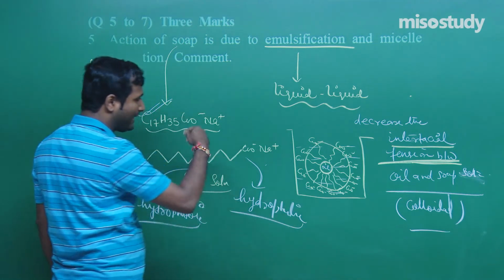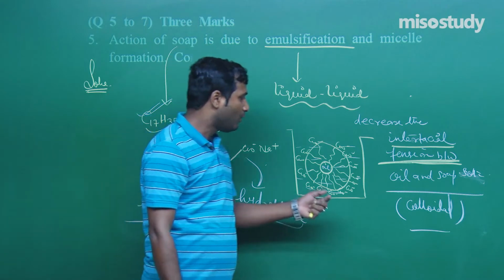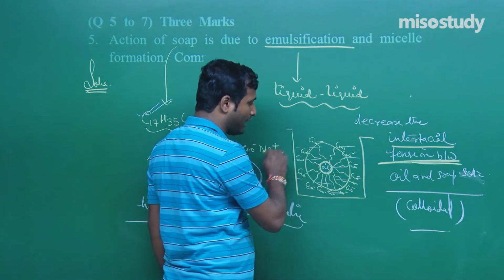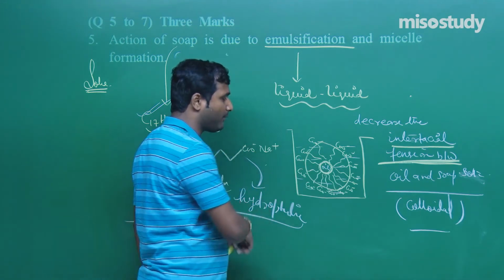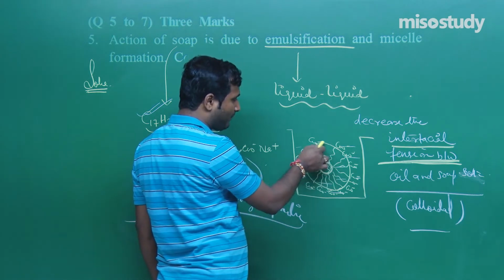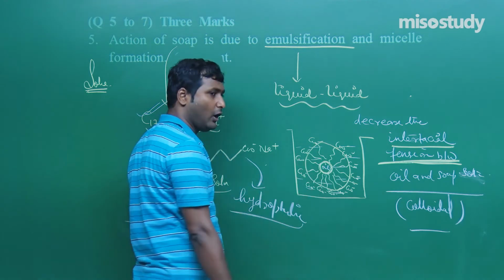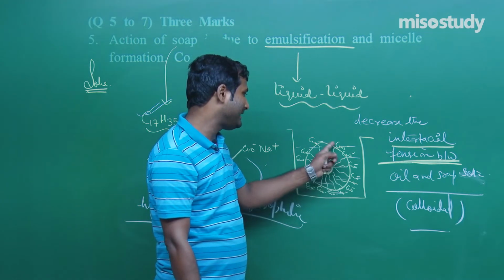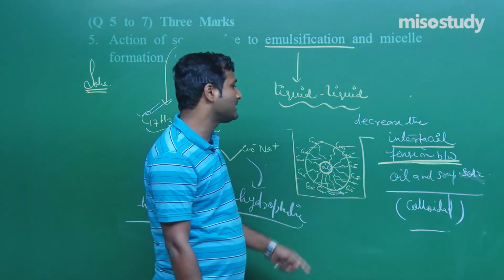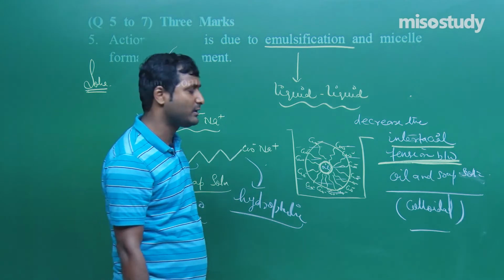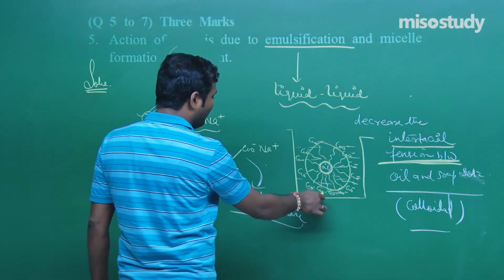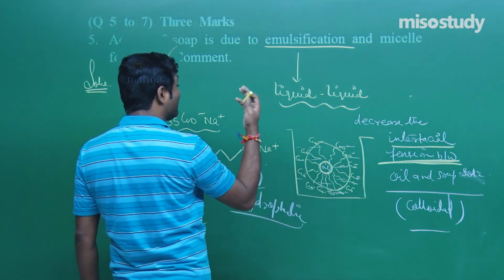Now when we pour a drop of oil into a soap solution, the hydrophobic part accumulates at the surface of the oil and decreases the interfacial tension between oil and soap. Now an emulsion is formed between oil and soap. So it acts as an emulsifying agent, and this happens via micelle formation, that is the associated colloid.